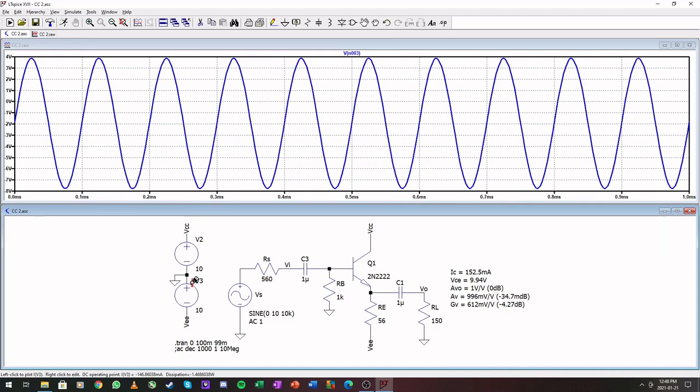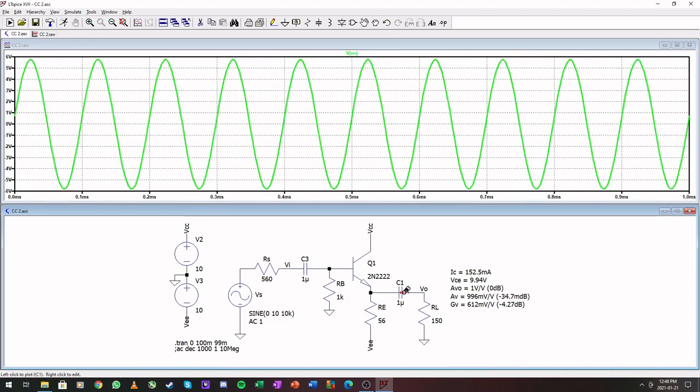So there we have our input and our output without distortion. So we have plus minus 6 volts on the out with a 10 volt peak input.